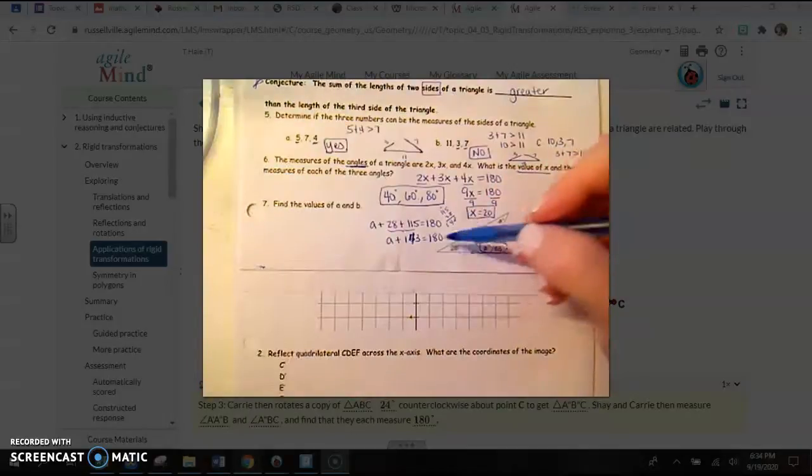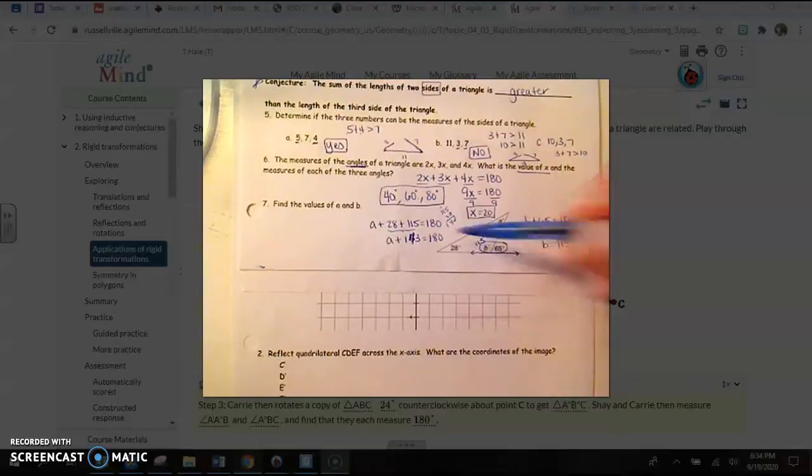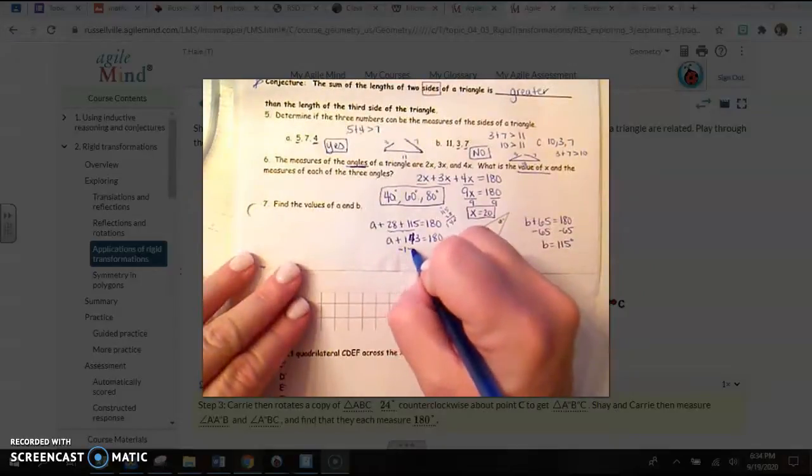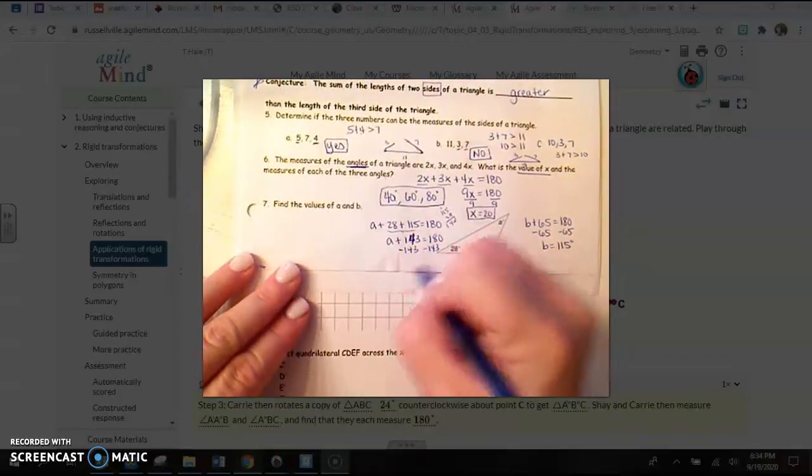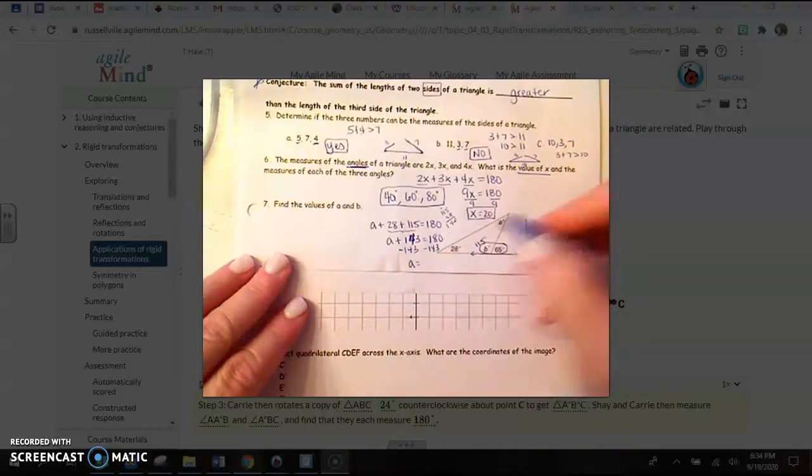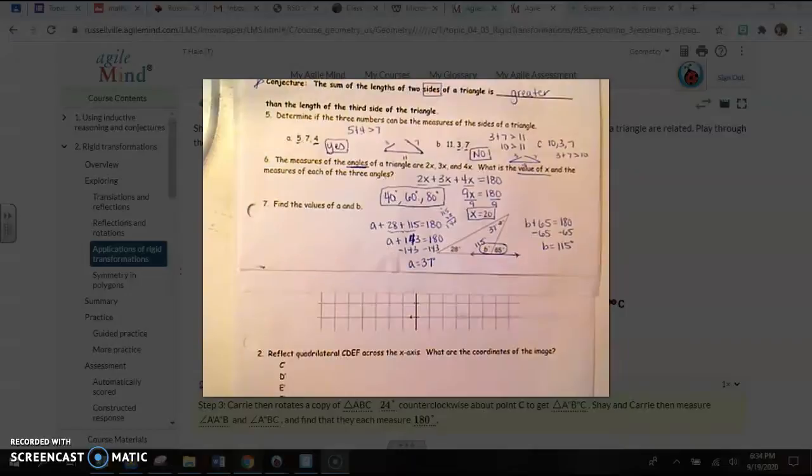143. All right, so now we have A plus 143 is 180. We can subtract the 143 from both sides to get A to be 37 degrees. So A is 37. You can double check adding 28, 115, and 37 together to make sure that they do add up to be 180.